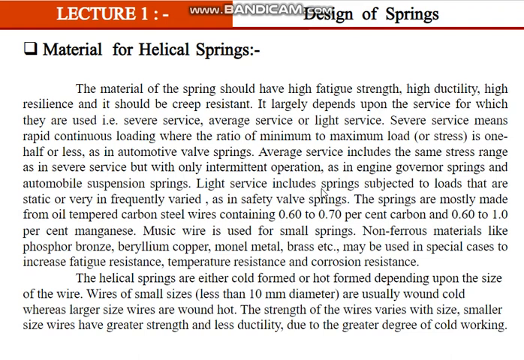Light service includes springs subjected to loads that are static, that means they are not changing, or are infrequently varied, as in safety valve springs.